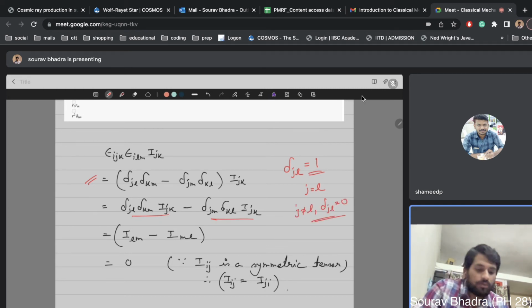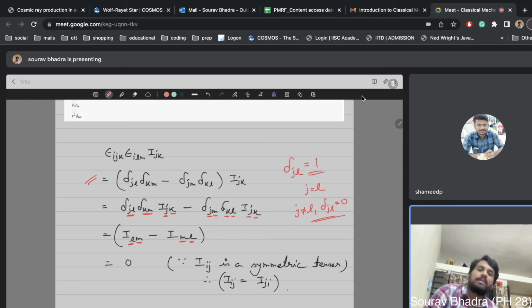So to get a non-zero delta function, J must be equal to L. So this J will be replaced by L, and also K should be equal to M, so this K can be replaced by M. So that is ILM. In a similar way, here J should be equal to M, that's why J has been written as M in the next step, and K should be equal to L, that is K is written as L in this step.